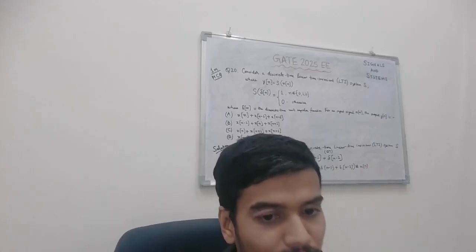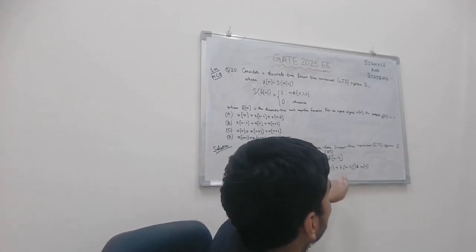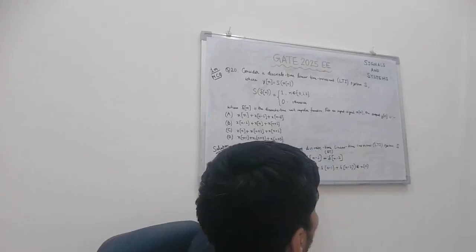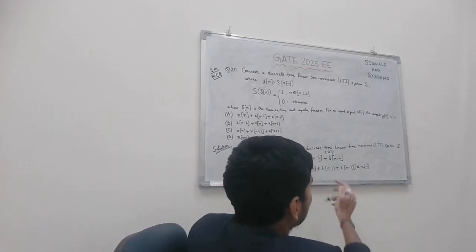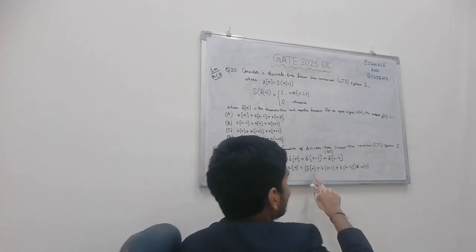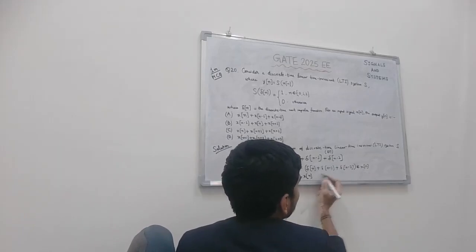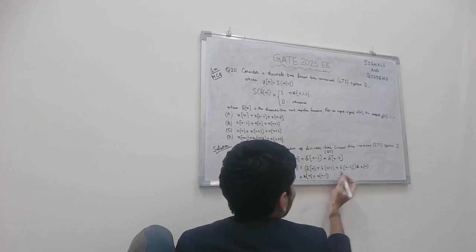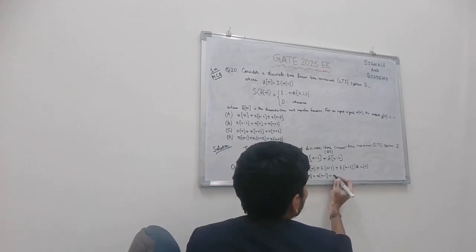Using the properties of discrete time convolution and the shifting property of the discrete time unit impulse function, delta n convolved with x[n] gives x[n]. Delta n minus 1 convolved with x[n] gives x[n minus 1]. And delta n minus 2 convolved with x[n] gives x[n minus 2].